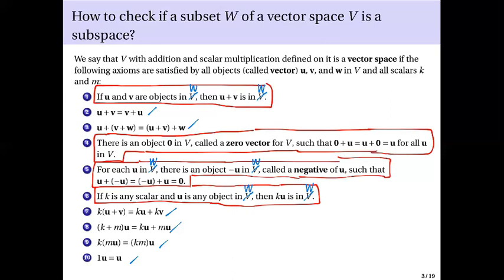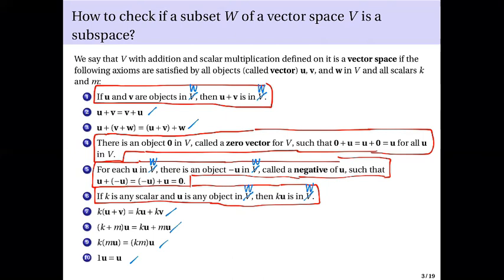So from the 10 axioms, if we want to prove a set is a subspace of the vector space, we only need to check 4 things. This guy here, this guy here, this guy here, and this guy here.